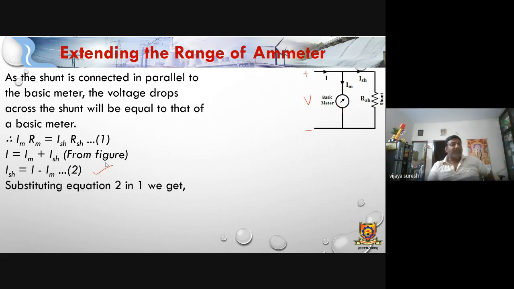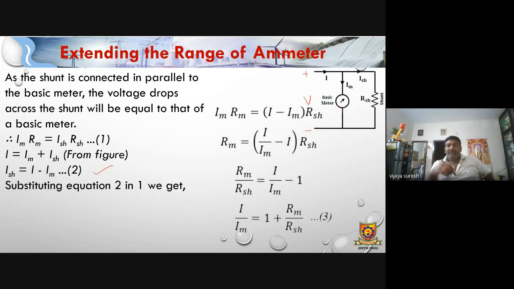Now substitute that second equation in equation number 1. Im Rm equals ISH RSH, and in that we substitute ISH equal to I minus Im. Now see this derivation.